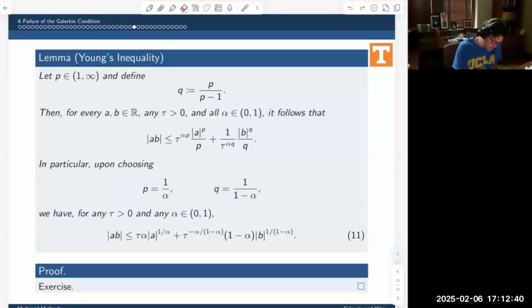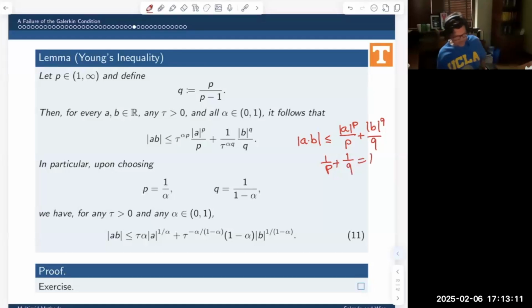So let me tell you, the general Young inequality is A times B is less than or equal to A to the P over P plus B to the Q over Q, for any A and B, where 1 over P plus 1 over Q equals 1. The sum is equal to 1.